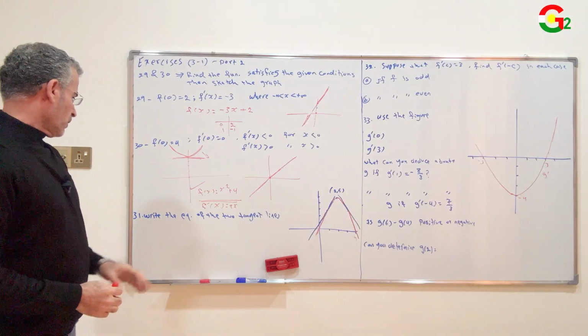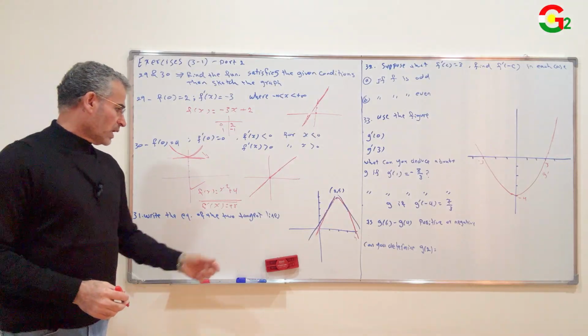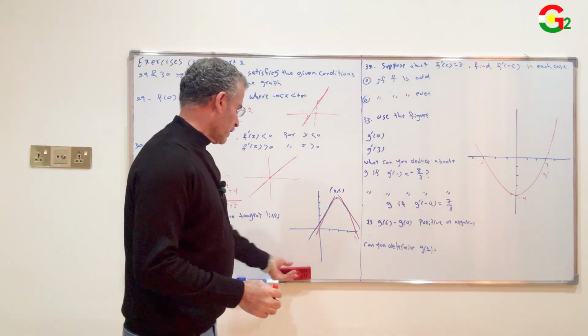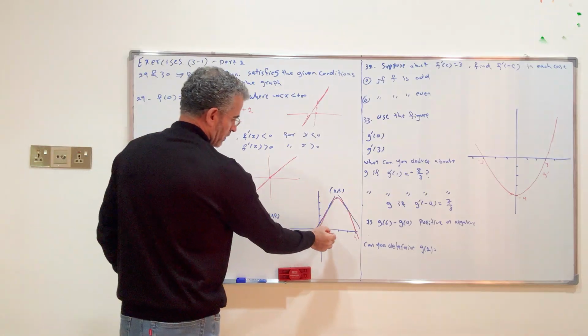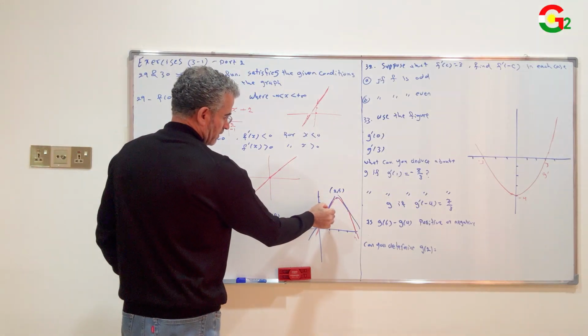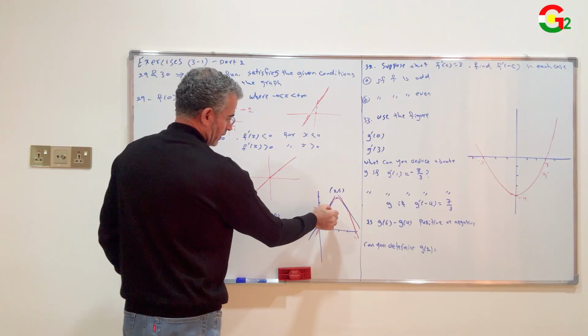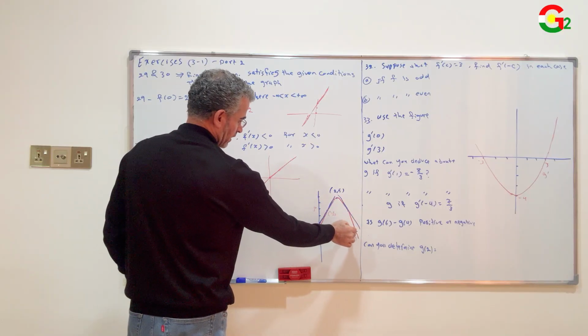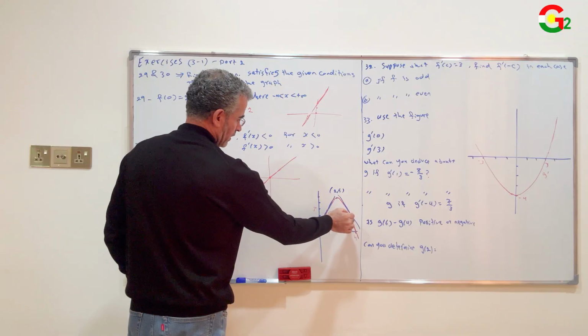Question number 31, write the equation of the two tangent lines to this function. This is the first tangent line at the point (1, 3), and this is the second tangent line at the point (3, 3).